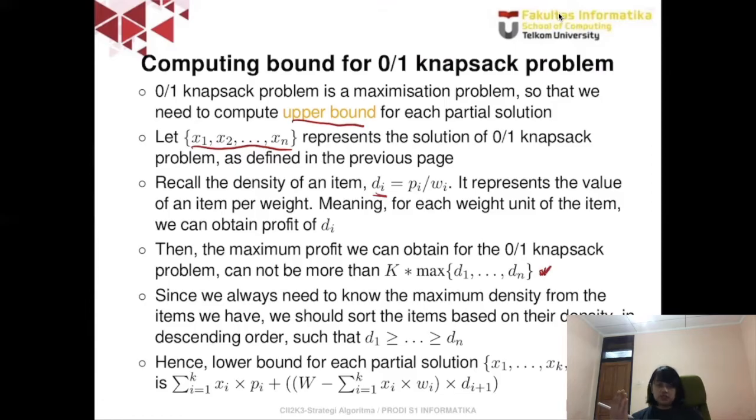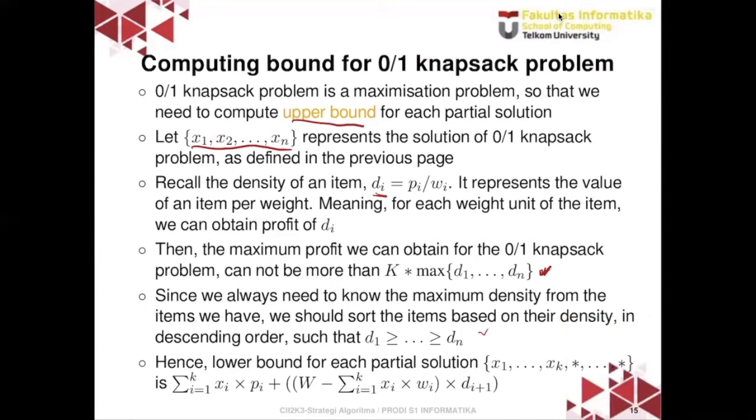Since we always need to know the maximum density from the items we haven't checked yet, we should sort the items based on their density in descending order, so that the density of the first item is not less than the density of the second item, and so on until the last item. So for the bound of each partial solution, for example, we already determined the value of xi for i equals 1 to k, but not for the rest.